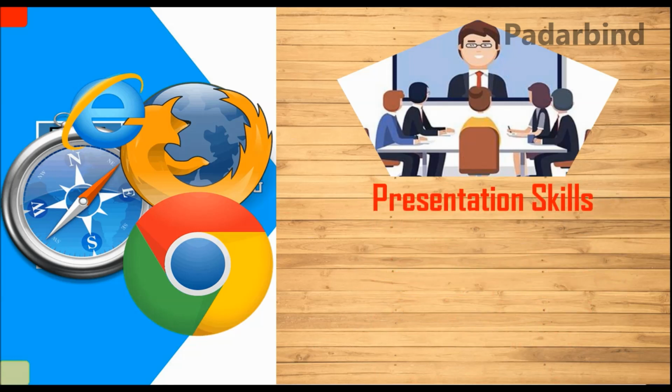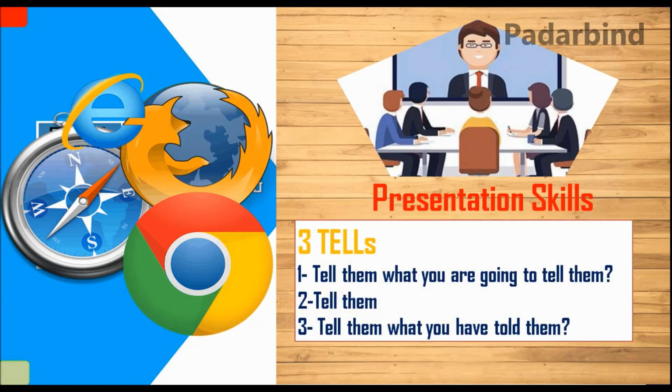And here we need to focus on presentation skills. What should we do to have the simplest way of representing our ideas? There is a technique, that is the three tells, which is very common and very open everywhere. It is the three tells which is going to help you to present in a very short way. One is tell them what you are going to tell them, then tell them what you have told them.